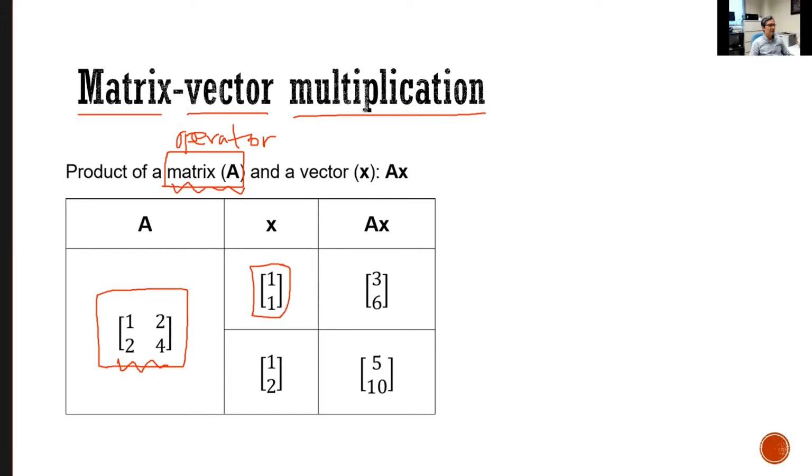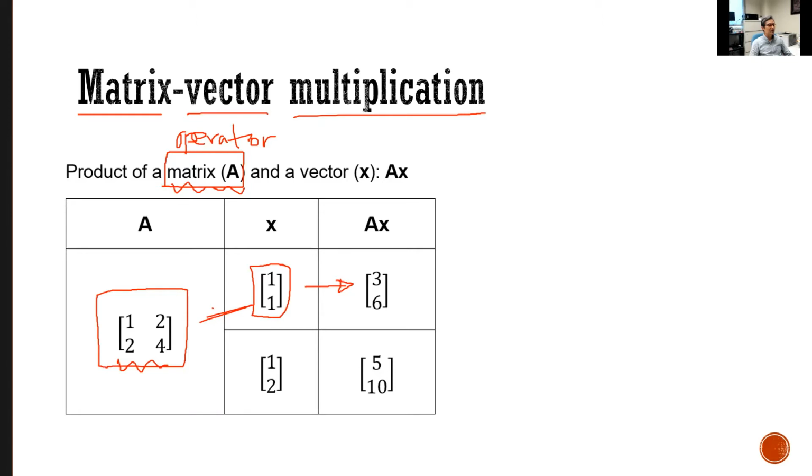So let's see. You know how to do the multiplication between 2 matrices. If you think of this vector as a special case of the multiplication, where one of the dimensions is 1, you can do the multiplication A multiplied by x, and then you will obtain the answer. After the multiplication of these 2, you get a new vector, 3, 6.